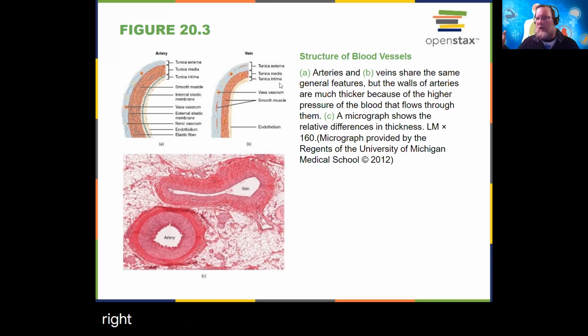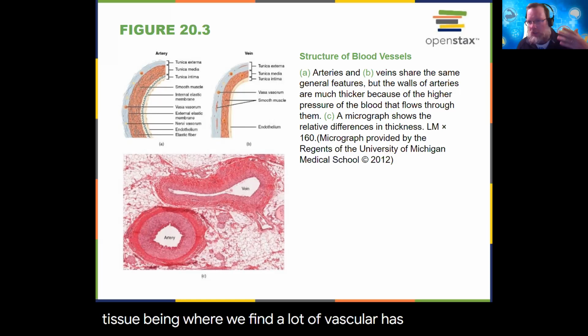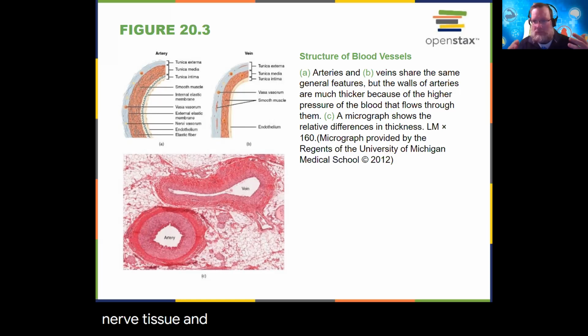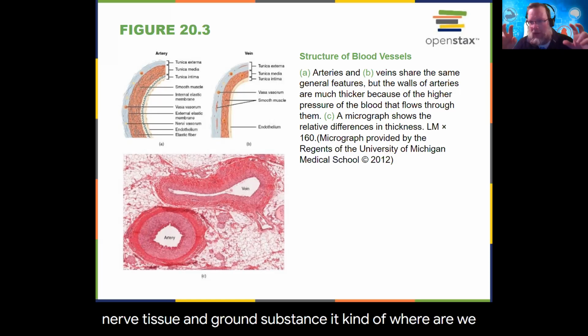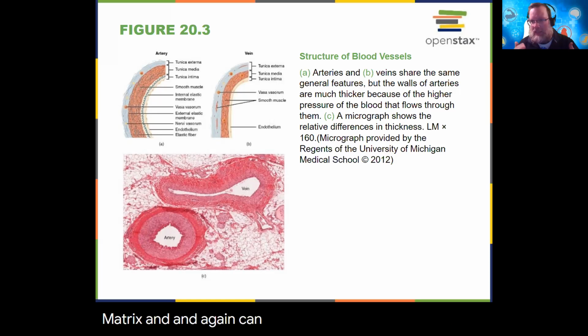All right, we've talked about tissue types, and we talked about epithelial tissue being a lining or a covering. We talked about connective tissue being where we find a lot of vascularization and nerve tissue and ground substance, the matrix, and again connecting that epithelium to the next type of tissue, which is muscle tissue.